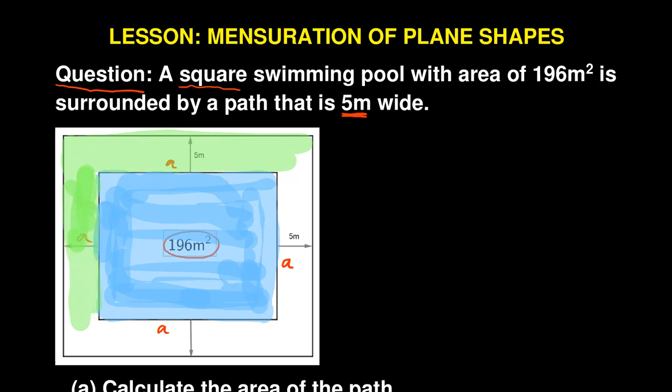So what are they saying? They are saying a path around the swimming pool is 5 meters wide. You can see now from here to here is 5 meters. Again, they even showed you from here to here, they made it also 5 meters.